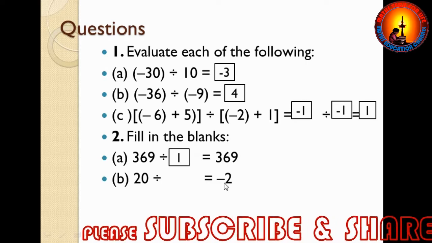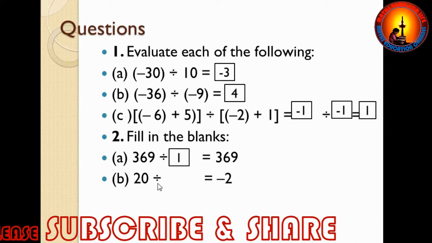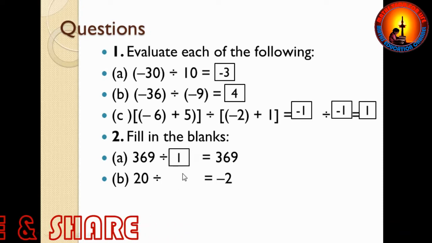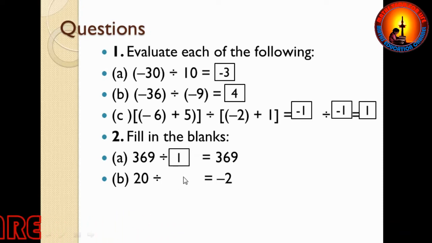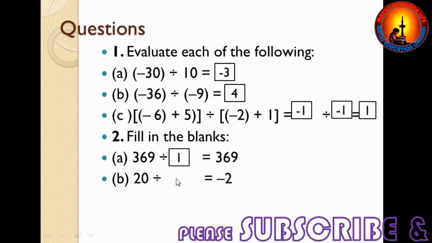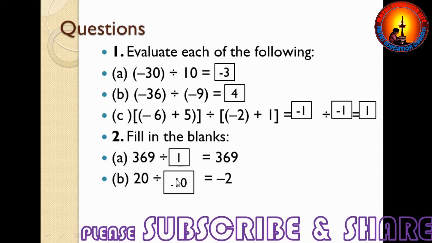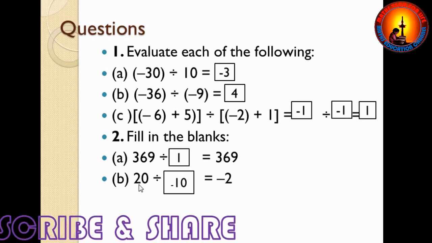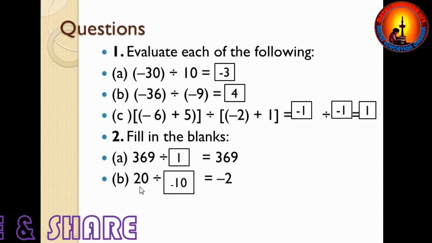Here you have to think, 2 multiplied by which number is 20. We know 10. Besides, you have to think about the sign, because this is negative 2. Negative 2 means negative, so here also you want a negative number, because 2 negative numbers give a positive number. I think everybody gets a clear idea about this.